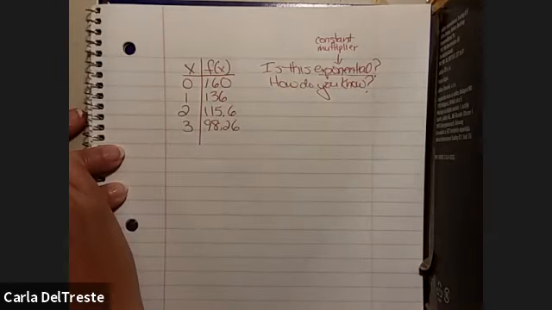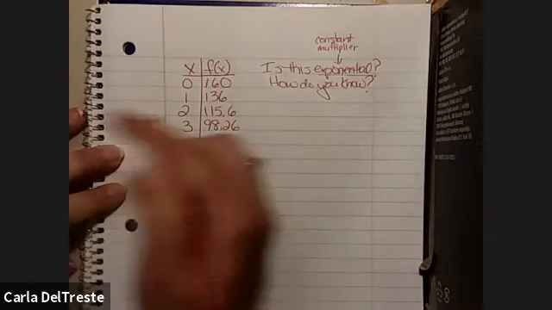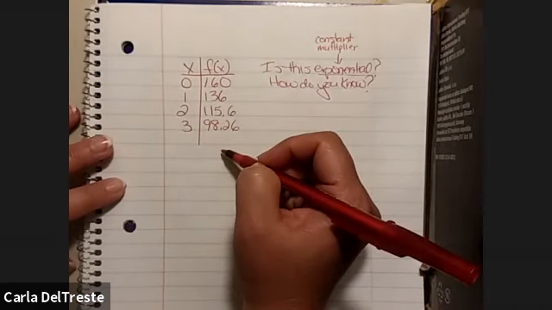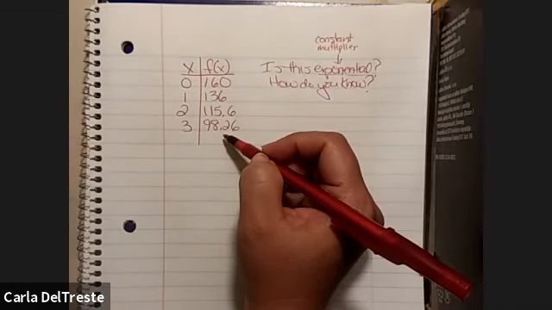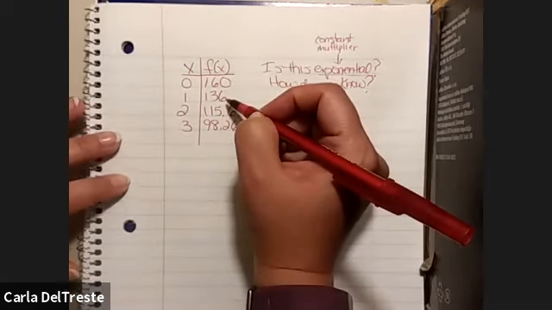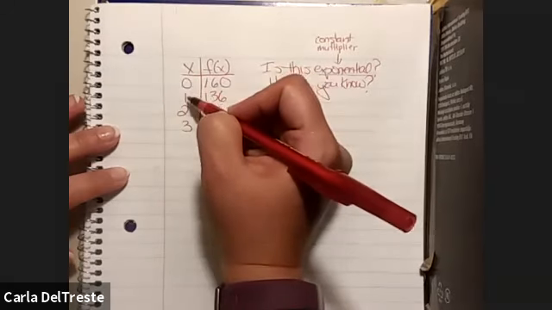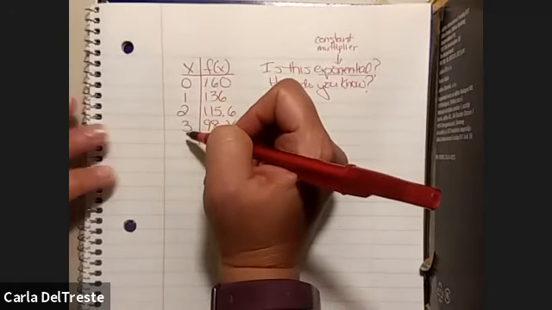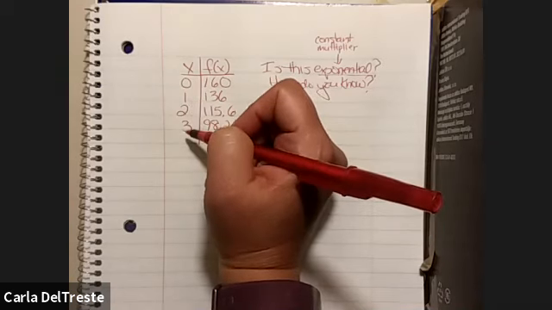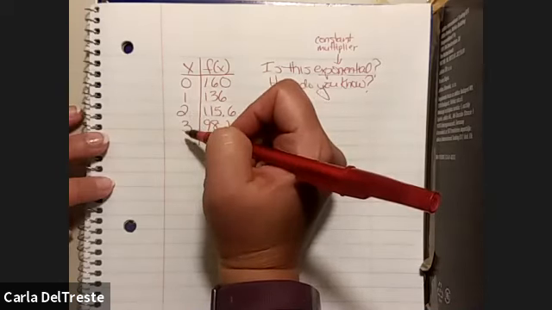That's what my factor is. So I need to see if there's a constant multiplier. I can't tell the pattern just by looking at these numbers. I have to go through and use the formula, or the division of the consecutive outputs, as long as my x is increasing by 1s. In this course, spoiler alert, they're always going to increase by 1s.